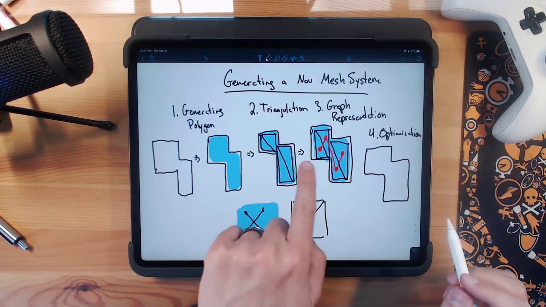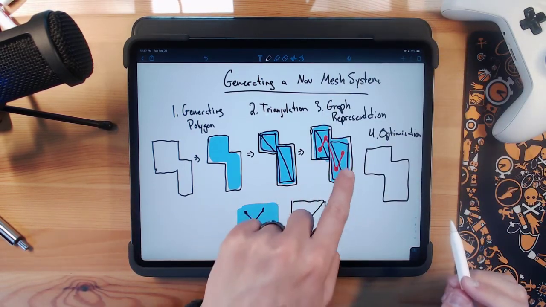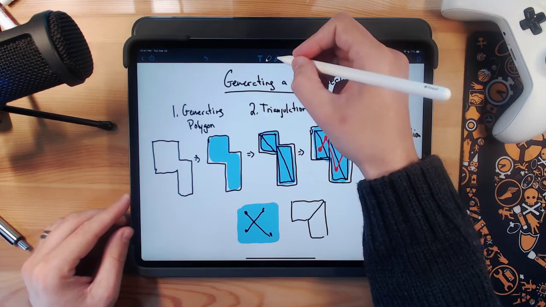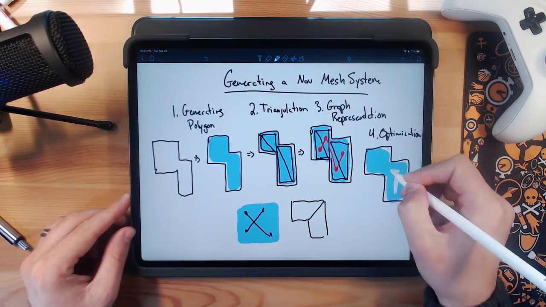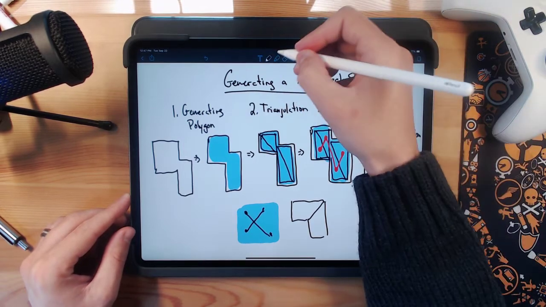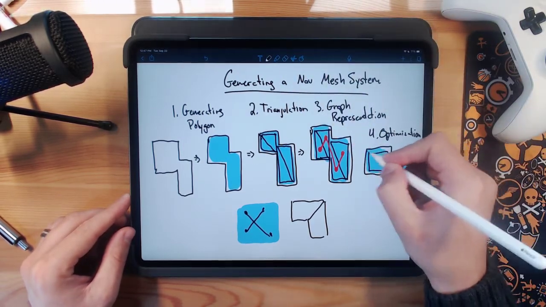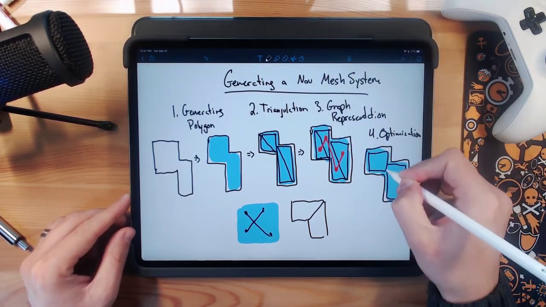In which case it would bring something like this that has 4 polygons and 4 nodes inside of a connected graph into a final shape that only has 2 polygons and 2 nodes in its final connected graph, which could look something like this.